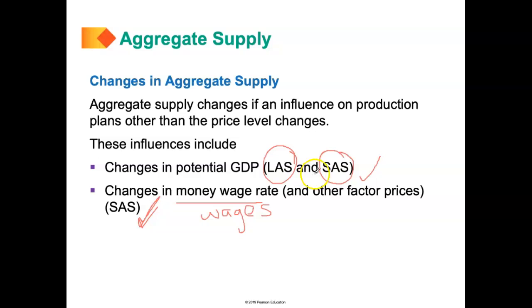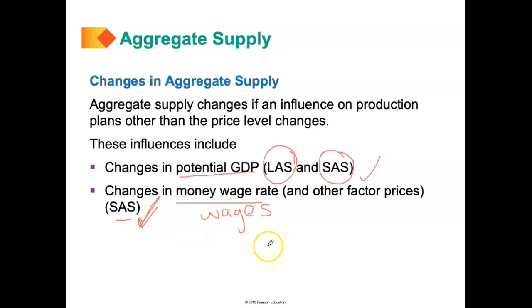So the only thing that will shift the long run aggregate supply curve is potential GDP. Changes in potential GDP affect the long run aggregate supply curve and also the short run aggregate supply curve, but changes in money wage rates or changes in the cost of other factors of production will only affect the short run aggregate supply curve.